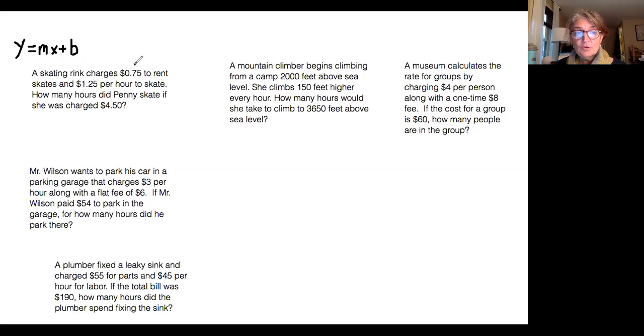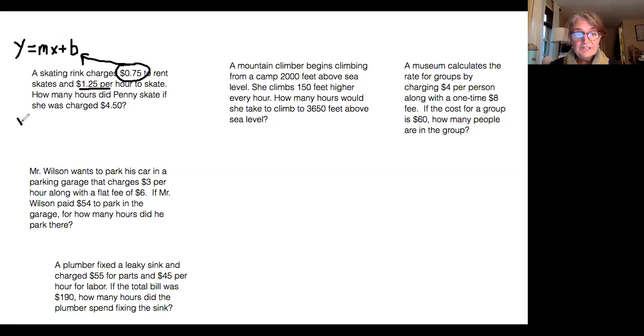Here, it's to rent the skate. That's going to be your b. But your m is something that is per hour, per minute, per second, per something. That's usually your m, because depending upon the number of hours you skate, you have to multiply that by m.